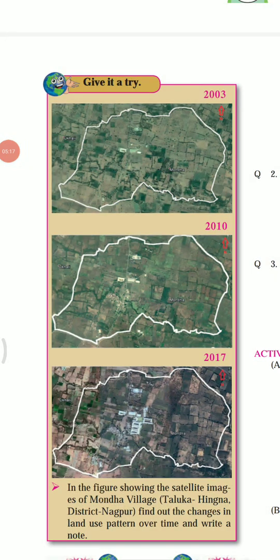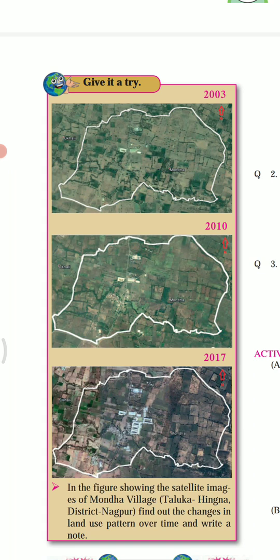The first question is, what do you think are the reasons for the changing land use pattern of Mondha village? The answer is urbanization and rise in population are the reasons for the changing land use pattern of Mondha village. So, children, the pictures of 2003, 2010 and 2017 are given.